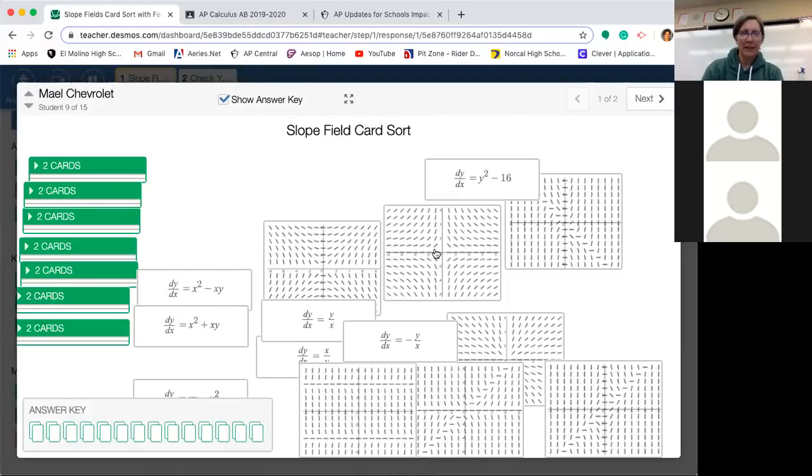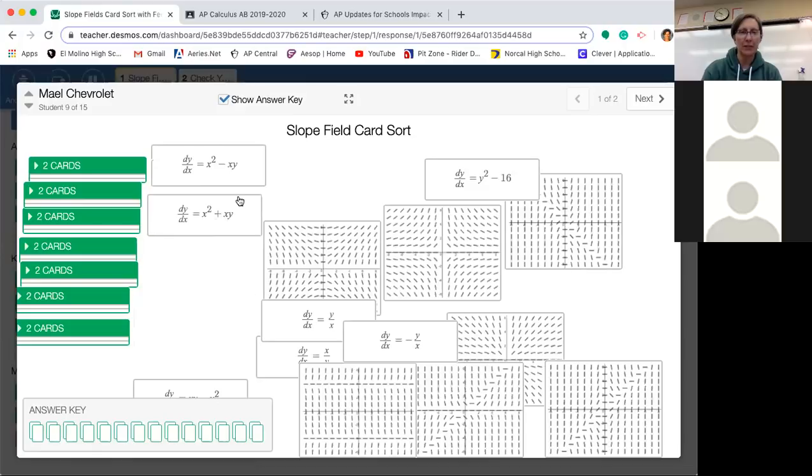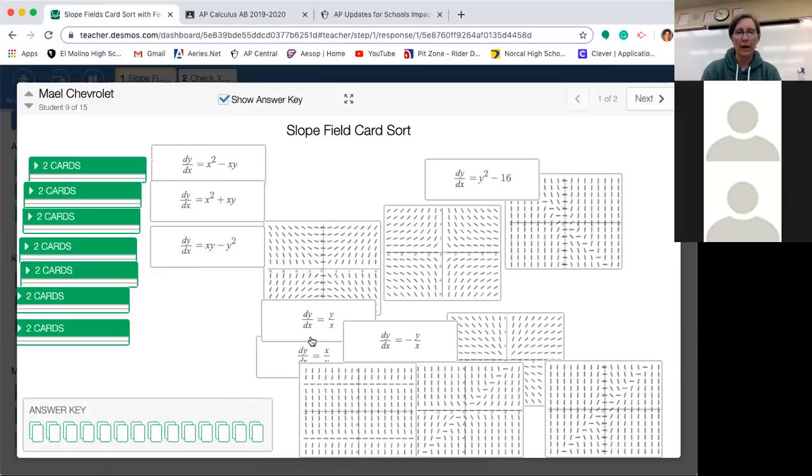Mael, all your matches are good. So Mael, if I were you at this point, I'd probably do a little bit of organizing. Okay. So at the beginning, I don't know if you were here at the beginning, I took things that looked the same and matched them together. So like these guys that have X and Y's that are being added together, I put those together. This guy just has Y in it, so I'm going to put that somewhere else, right?